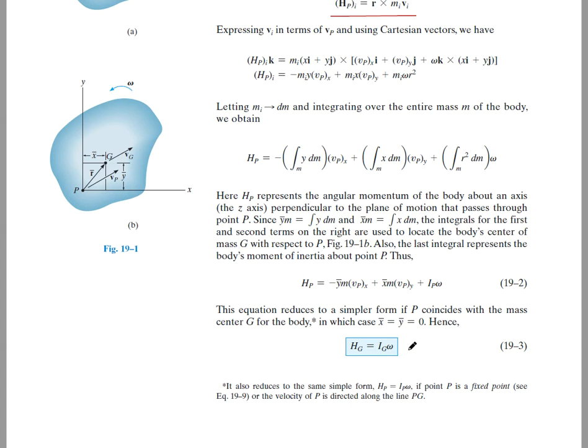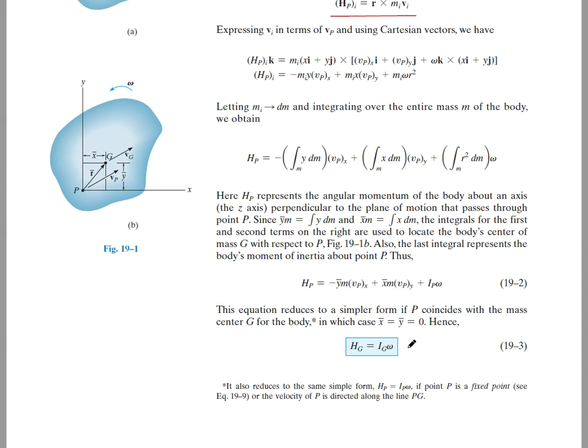So this is also a vector, has the direction of omega, because Ig is just a constant specific to the body, although not as a rule. We can have systems in practice whose mass moment of inertia changes. We'll look at an example in just a little bit.